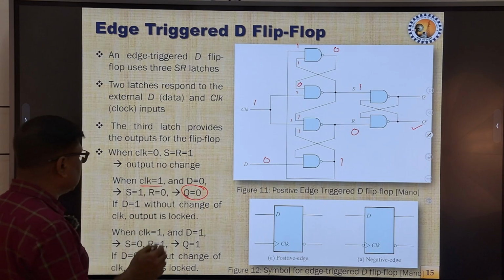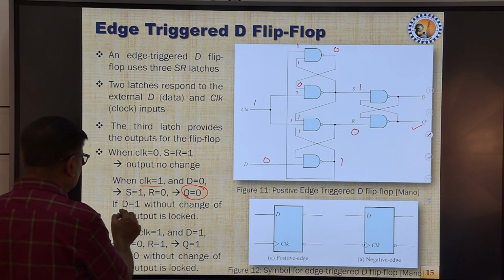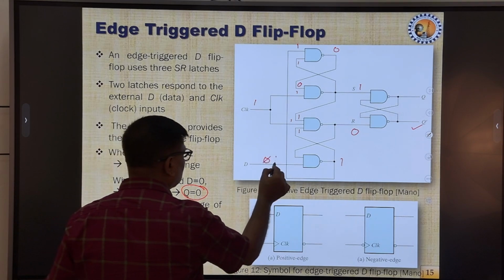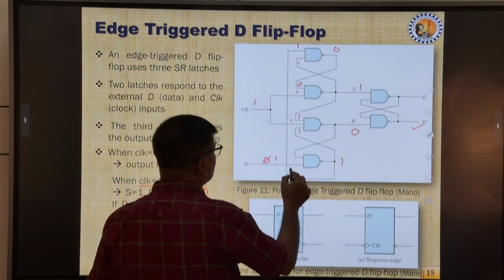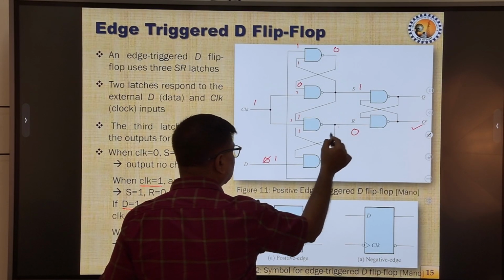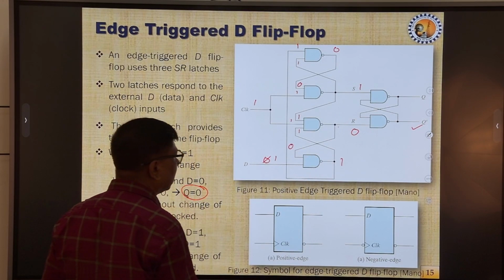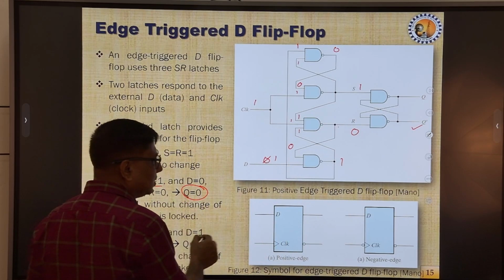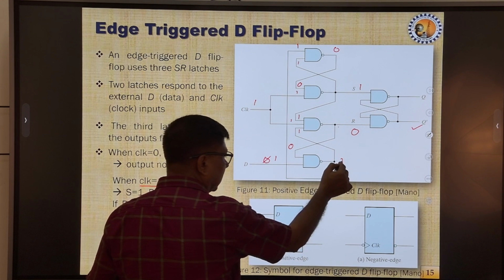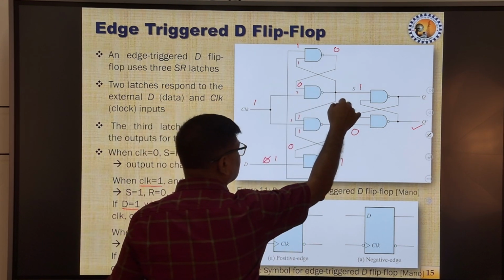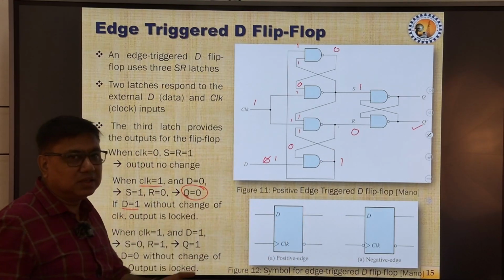Now at this instant of time, if the value of D also changes, suppose it changes from 0 to 1, that is not going to affect, because you see this being 0, it will feed a 0 over here, and as a result, though this input has been changed, the output of this NAND gate will remain at 1, and that will make the entire circuit remain in the same state.